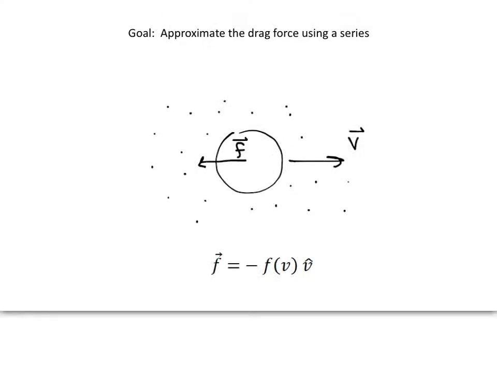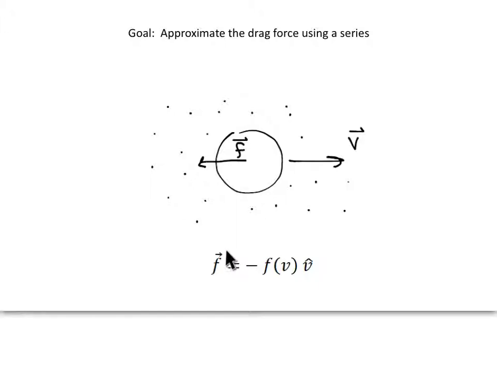We said that the drag force F is a force that resists the motion of an object. That means that the drag force will act in the direction that is opposite of this velocity v. In addition, the drag force should be a function that is dependent on the velocity. If the velocity increases, so should the drag.